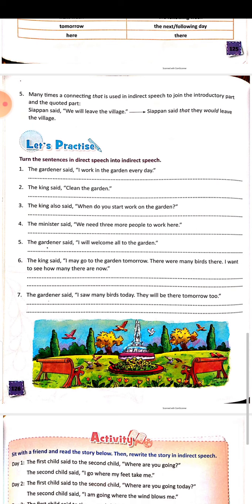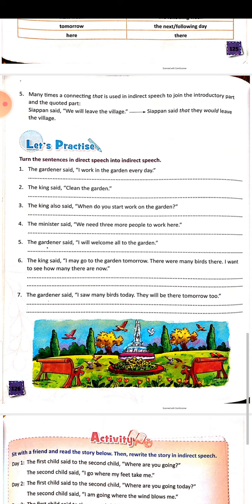Many times, a connecting word that is used in indirect speech to join the introductory part and the quoted part. Sipan said, we will leave the village. Sipan said that they would leave the village.